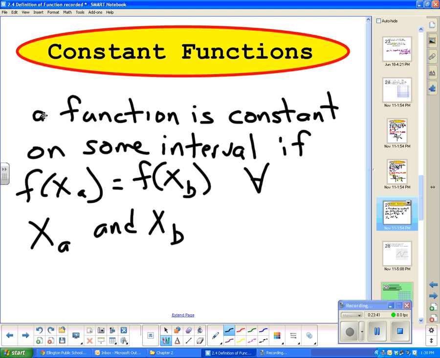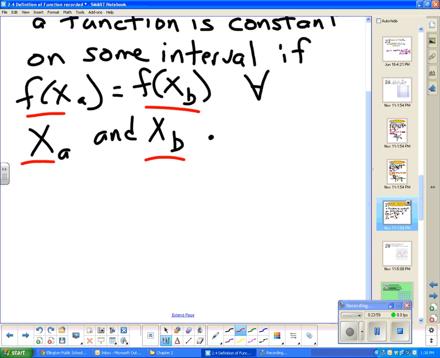This one's a little bit different. So it's like, the word constant, a constant value throughout. And it's just saying no matter what input we have, whether we have x sub a or x sub b, we choose any value in there, and the outputs that we get are going to be equal. That's all it's saying right there.